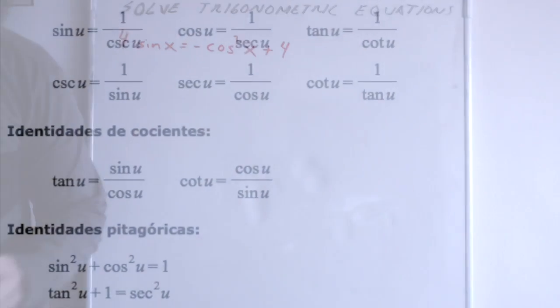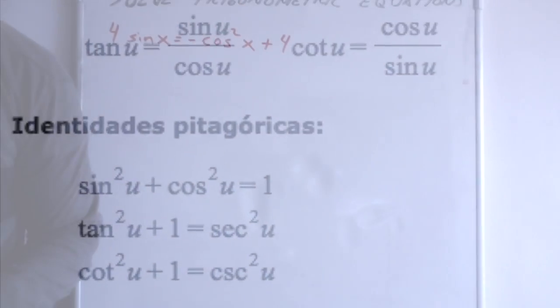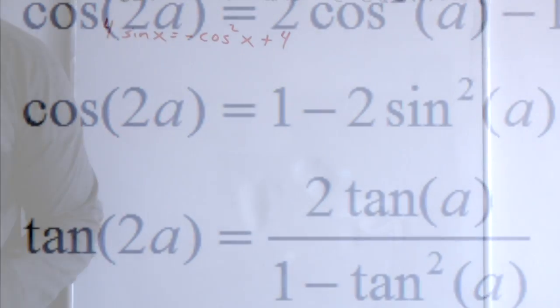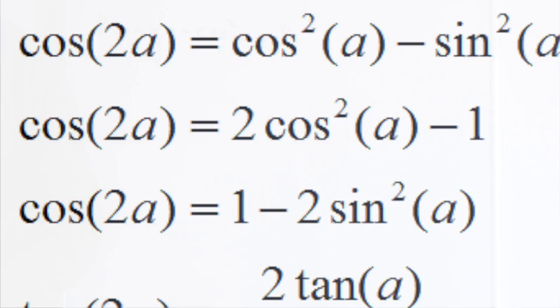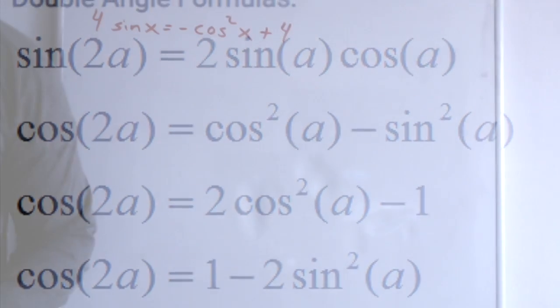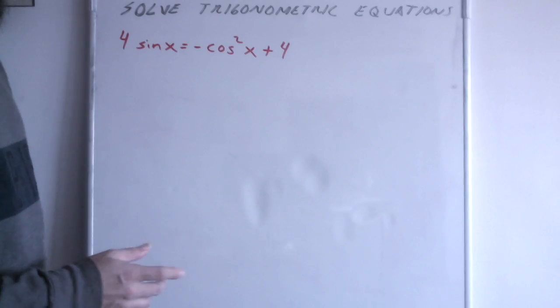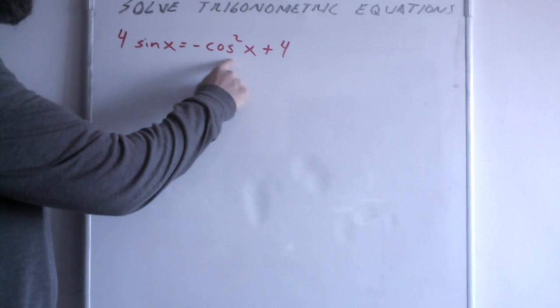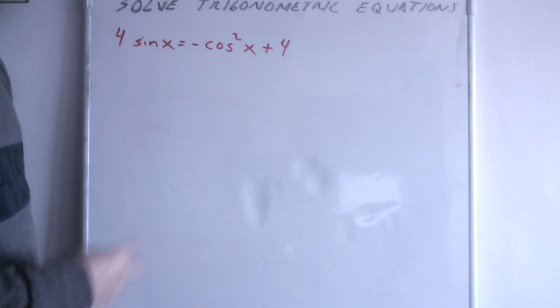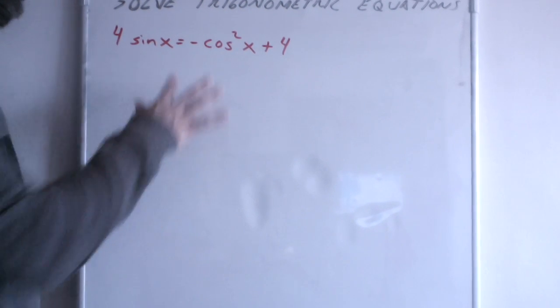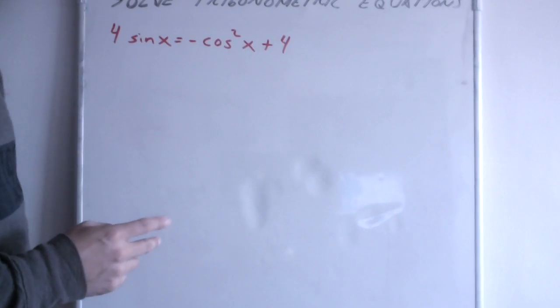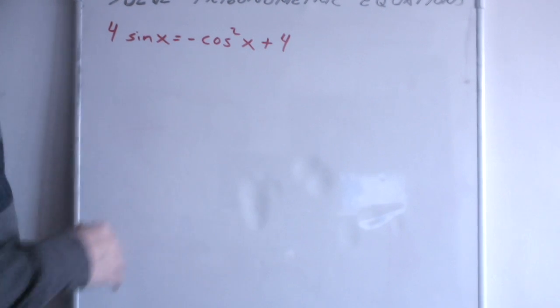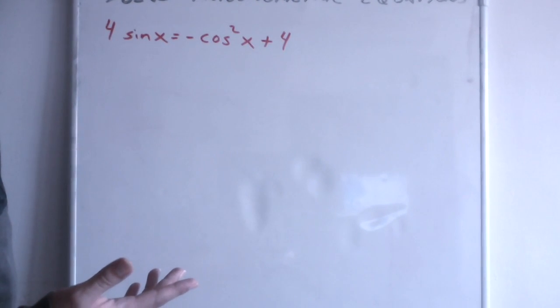So for today we're gonna be using the Pythagorean identities and the double angle formulas. As you can see here, I have sine x and cosine to the second power x. So there are two different trigonometric functions, and I don't have parentheses like the ones that we did before.